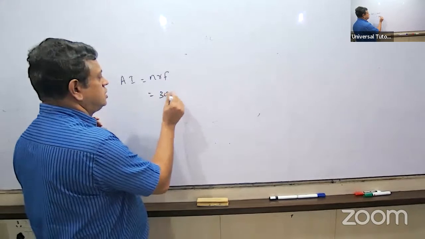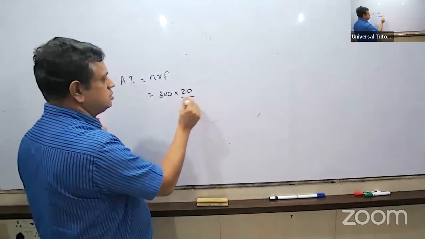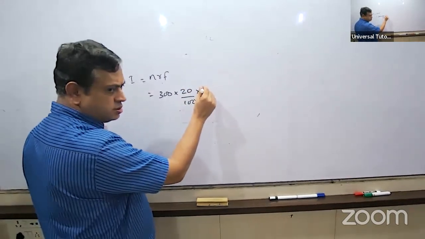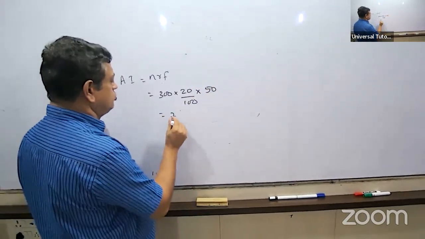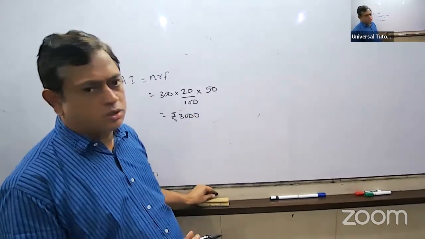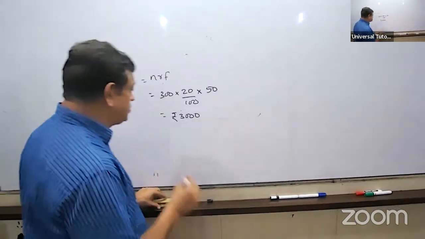And R, 20 by 100. F, 50. That is equal to rupees 3000. Okay. Did all of you get this much? Yes, sir.